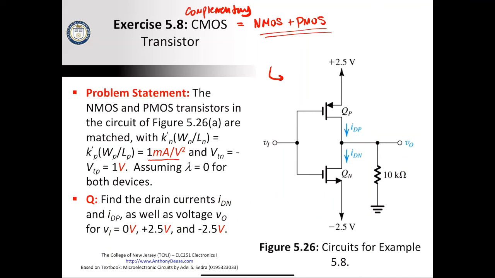The thresholds are the same, so VTN equals 1 volt, and our VTP equals negative 1 volts. It asks us to find the drain current IDN as well as IDP and solve for V out when we have these three different cases, 1, 2, and 3.